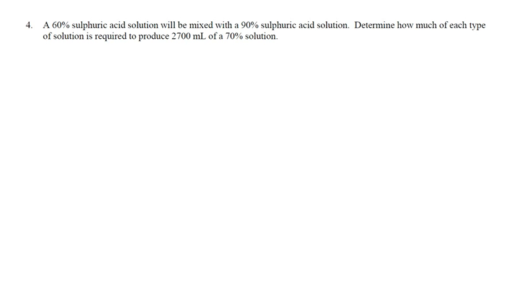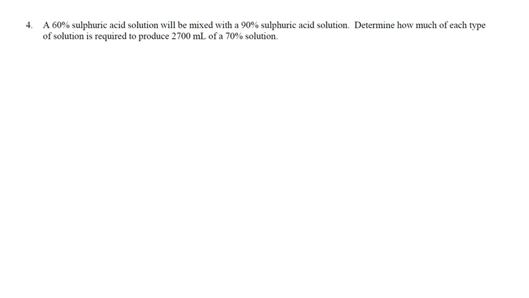A 60% sulfuric acid solution will be mixed with a 90% sulfuric acid solution. Determine how much of each type of solution is required to produce 2,700 milliliters of a 70% solution. Okay? So if you're mixing 60 and 90 together, what's the lowest concentration you can get? 60.